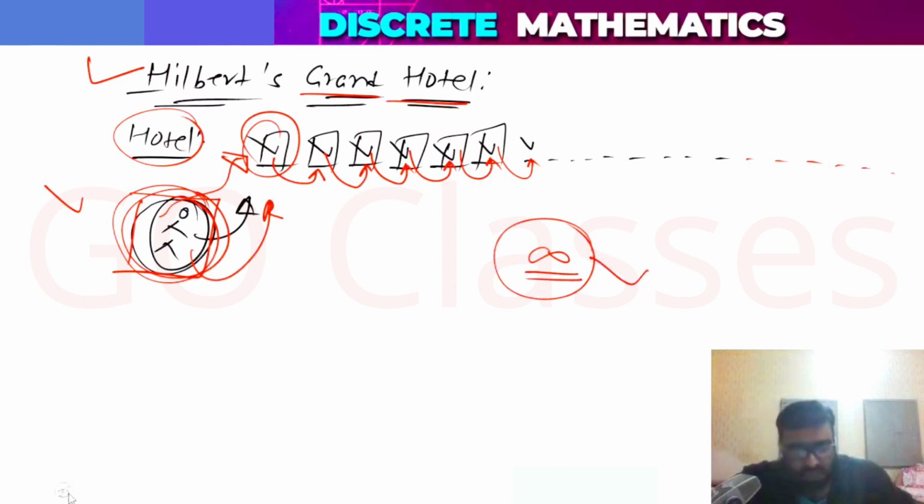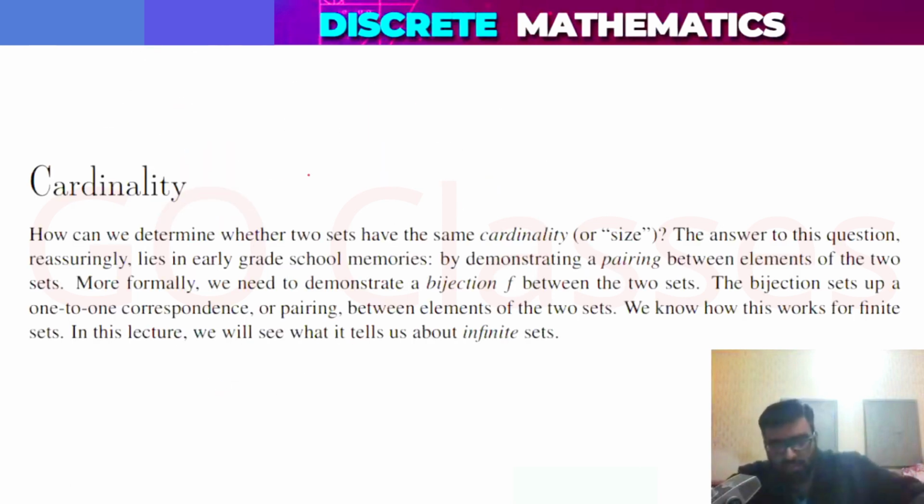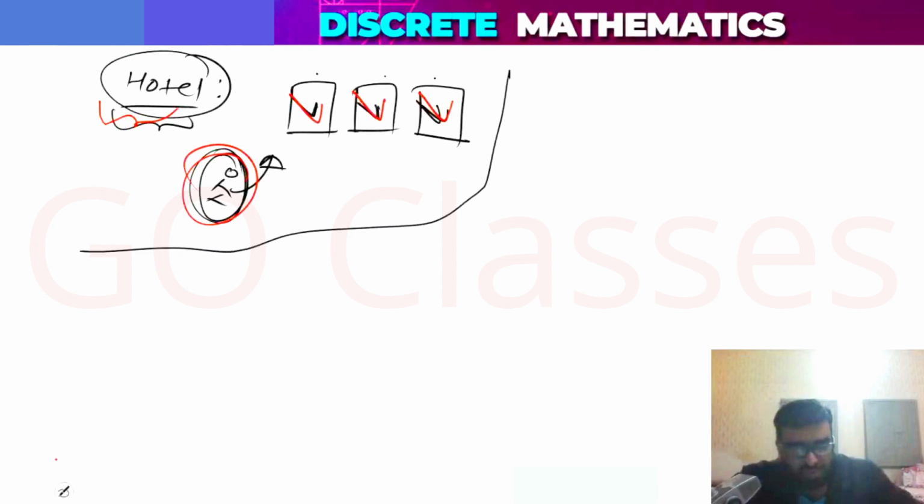Now, why did I tell you all these things? Instead of shifting, we could have given the same room by saying that there are an infinite number of rooms, so take the infinity-plus-first room.